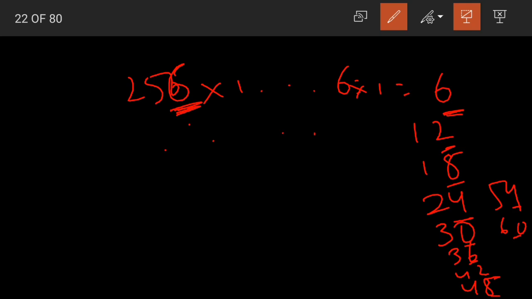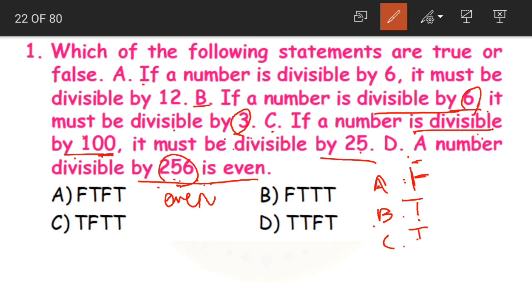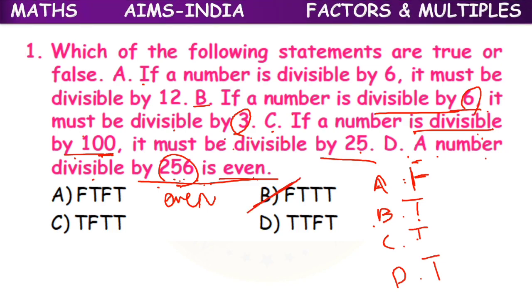You can multiply 256 with any number you want and check. The number will be even only. So a number divisible by 256 is always an even number. So option D also becomes true. So what is the correct answer? Option B. First one is false and the remaining three are true.